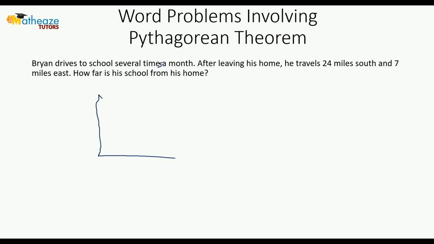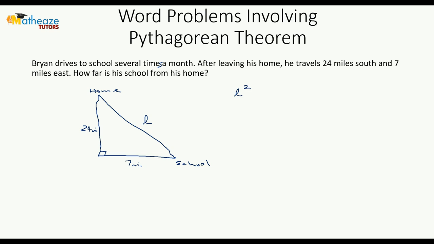So we want to find this distance right here. So we have 24 miles, we have 7 miles. Let's call this home, and this is school. We want to find this distance, call this length here.